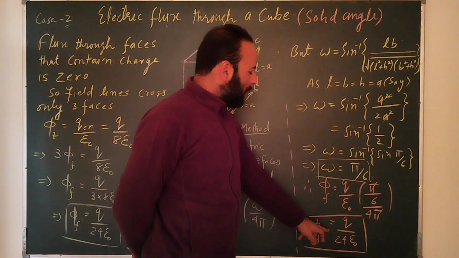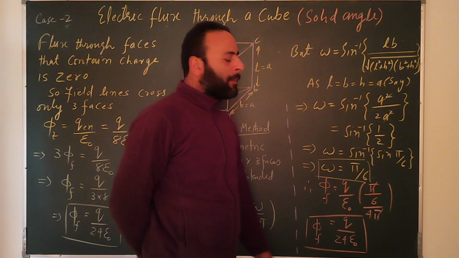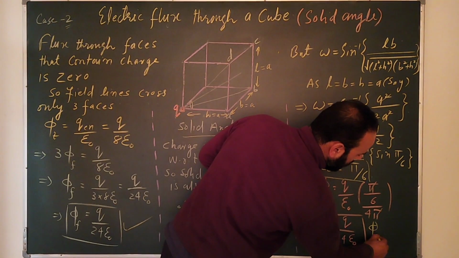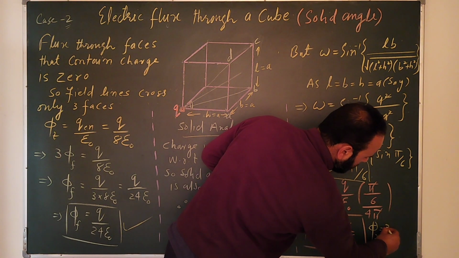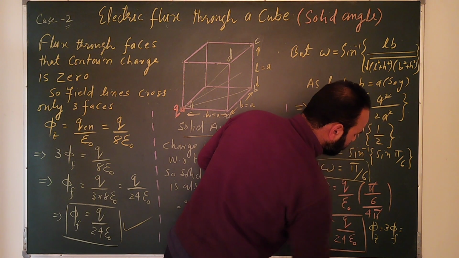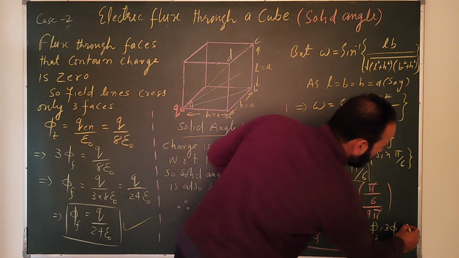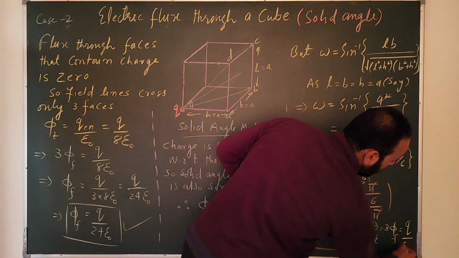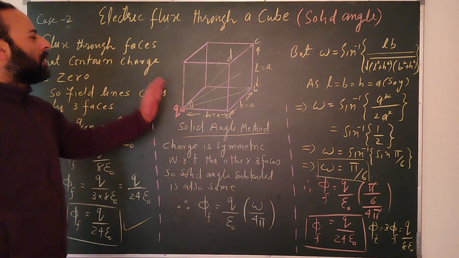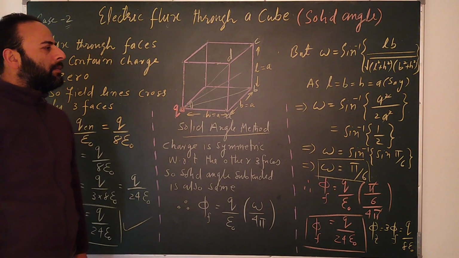Now since we have calculated the flux through each face, total flux we can also calculate here. Phi total is equal to 3 times phi each face, so it will be q divided by 8 epsilon naught. That is exactly the same as we have calculated using the usual method.